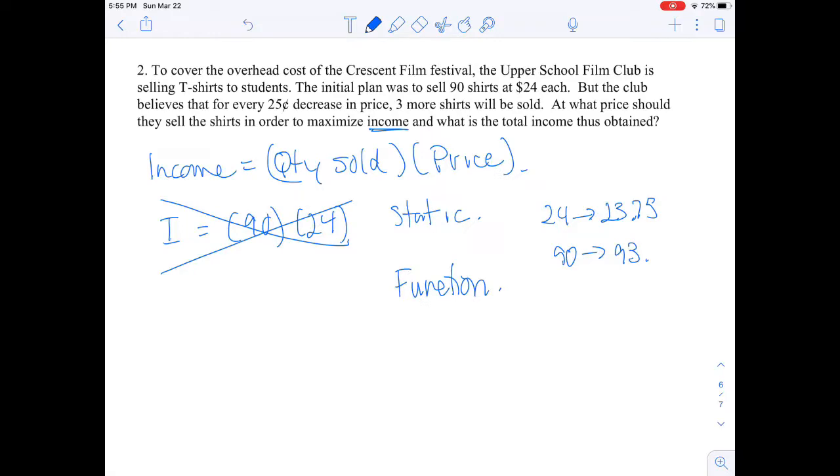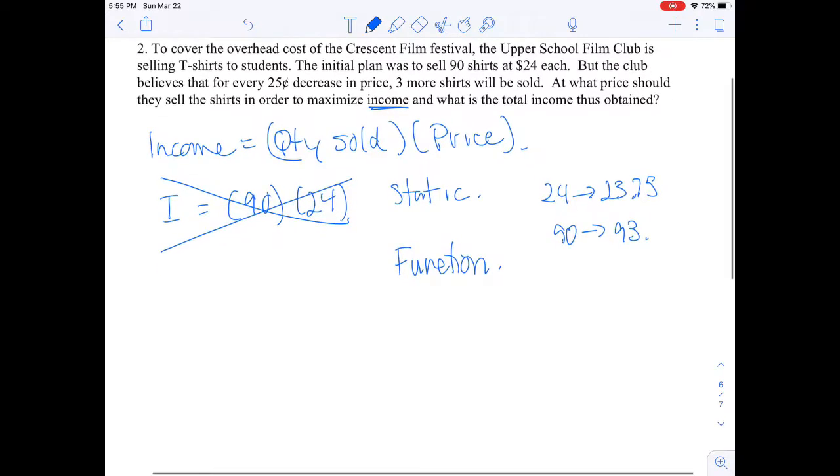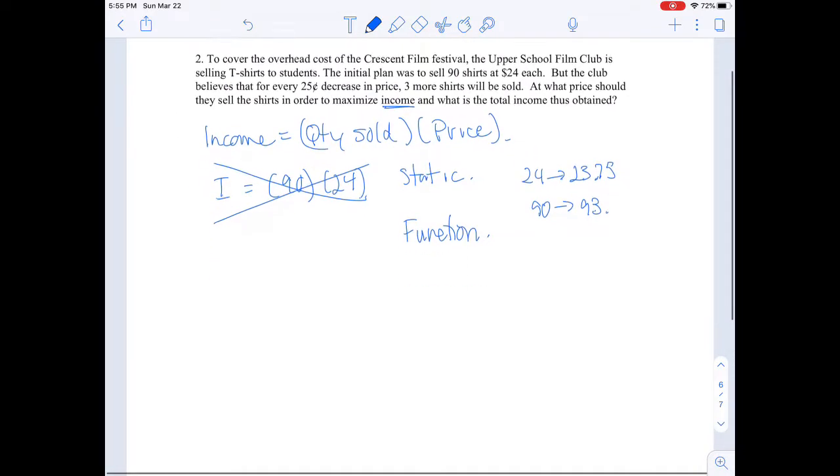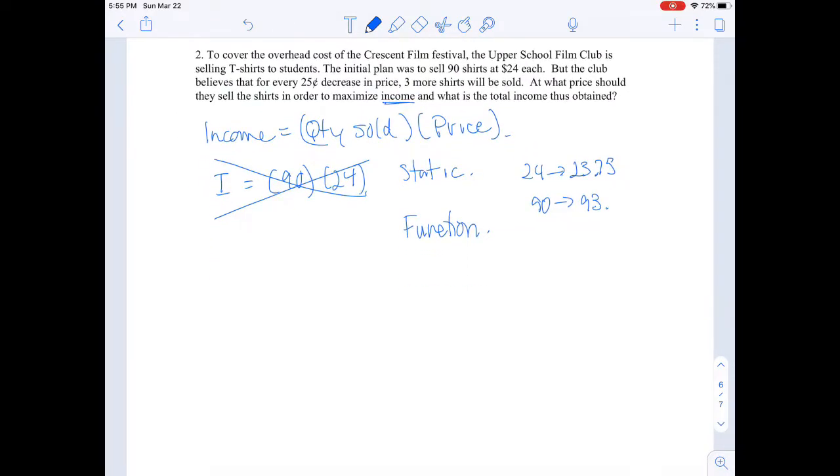What we're going to do again is come up with a formula or an equation to help model this. As it turns out, the formula will be a quadratic, and we will find a vertex, and that will help us figure out the best price to sell these shirts at.